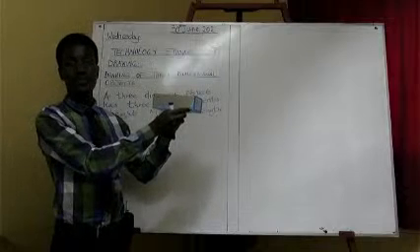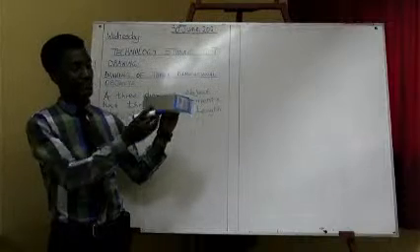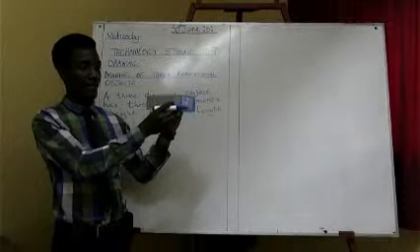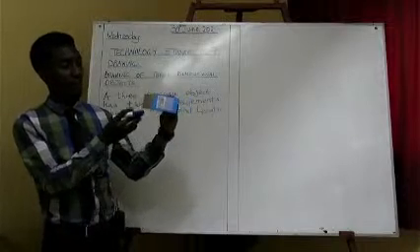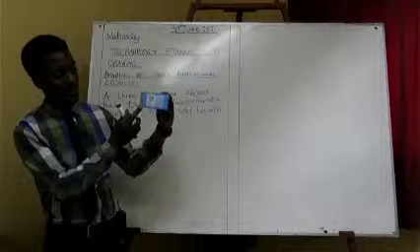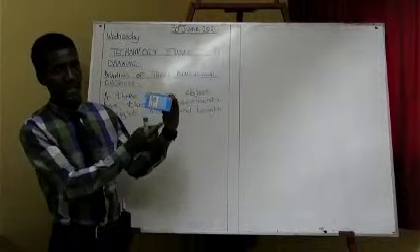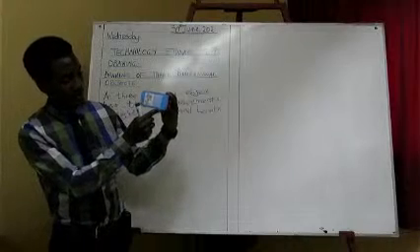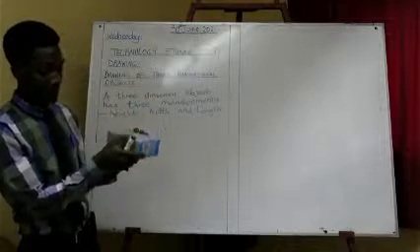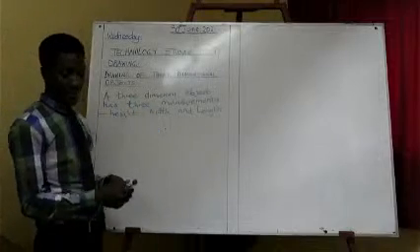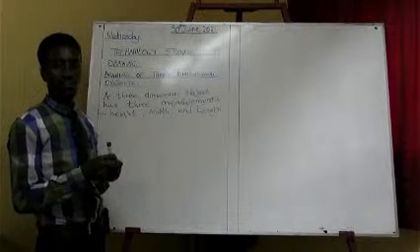Again, we have another measurement, from down going up there, this measurement we call the height. On the other side, from here to there, this distance is what we call the width. So this is one of the examples of a three-dimensional object.